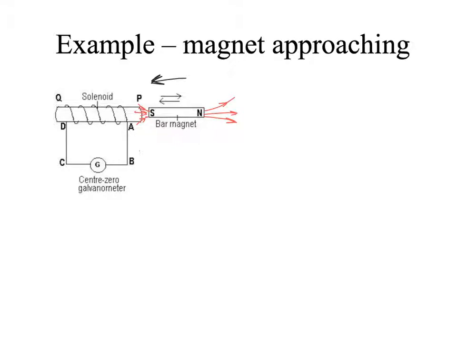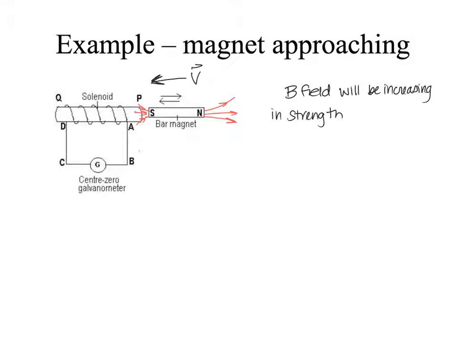And in this case, our magnet is moving towards the solenoid. So as we're moving towards the solenoid, the magnetic field that goes through the axis of the solenoid will be increasing in strength, because as you get closer to the magnet itself, the field gets stronger.